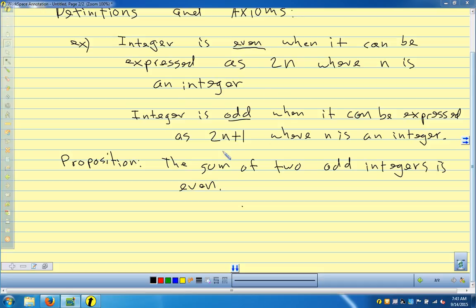So we're going to say let 1 be 2n plus 1 for n an integer, and the other be 2k plus 1, where n and k are integers.